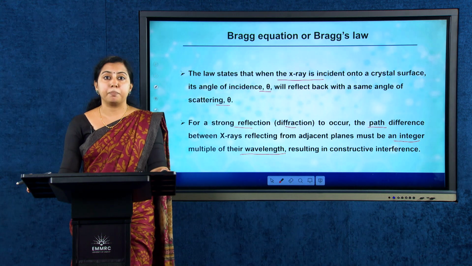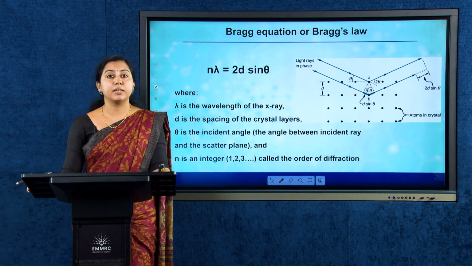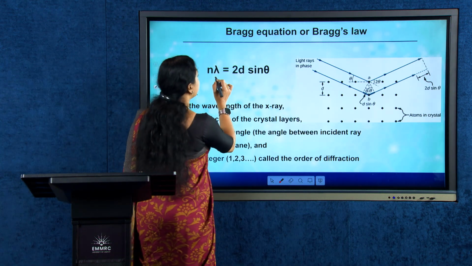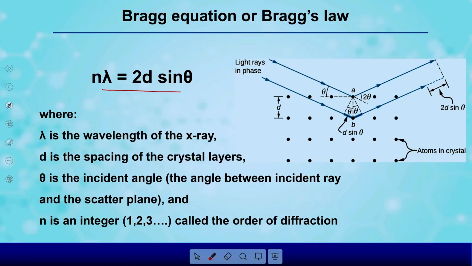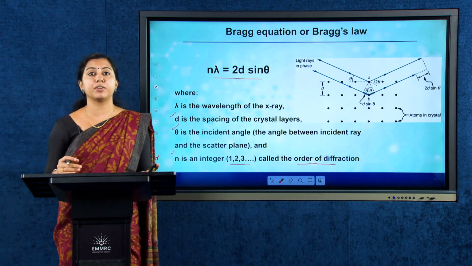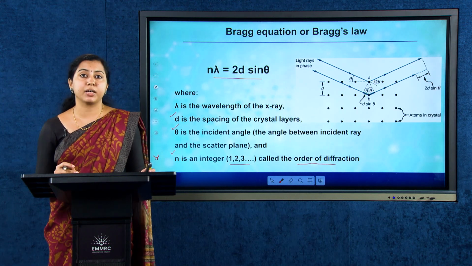So, this is Bragg's law, and mathematically it can be represented as n lambda equals 2d sin theta, where lambda is the wavelength of the X-ray, d is the spacing of the crystal layers, theta is the incident angle, that is the angle between the incident ray and the scattering plane, and n is an integer, n equals 1, 2, 3 etc., which is called the order of diffraction. If n equals 1, it is a first order diffraction, n equals 2, a second order diffraction, and so on.